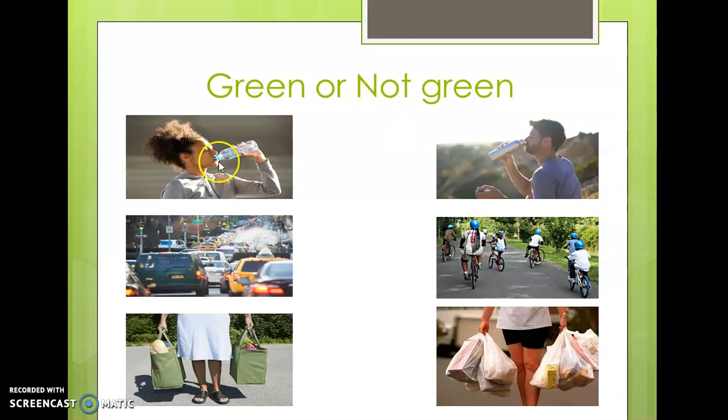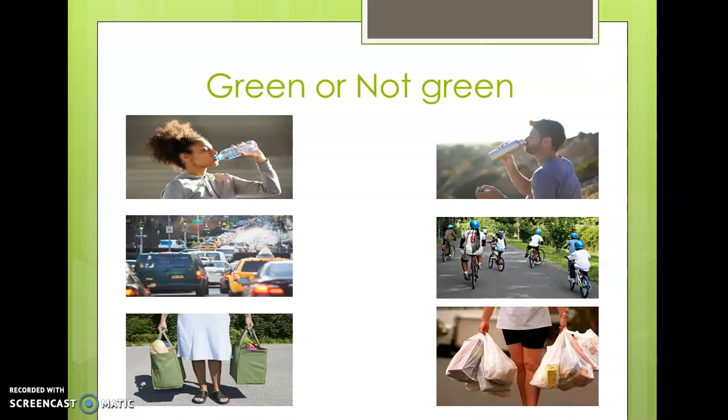Okay. As you can see, in this case, this woman is drinking water from a disposable water bottle. Whereas this man is using a reusable water bottle. So what do you think is the green and not green action?